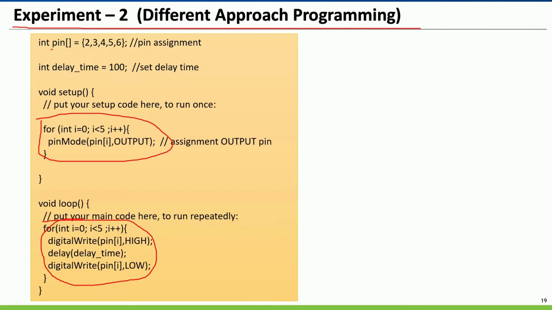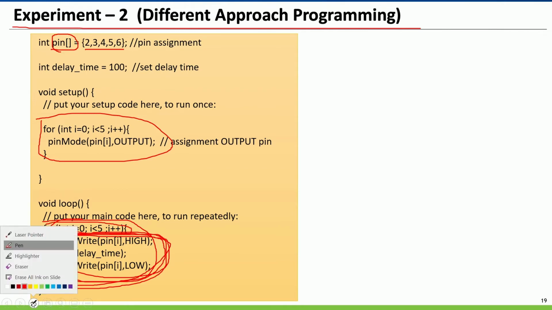By arranging the pins in an array, assigning pins 2, 3, 4, 5, 6, and this delay is the same, using for, because basically you just put all outputs for all pins 2, 3, 4, 5, 6, and you just sequence this program again and again, and you can define it using for.